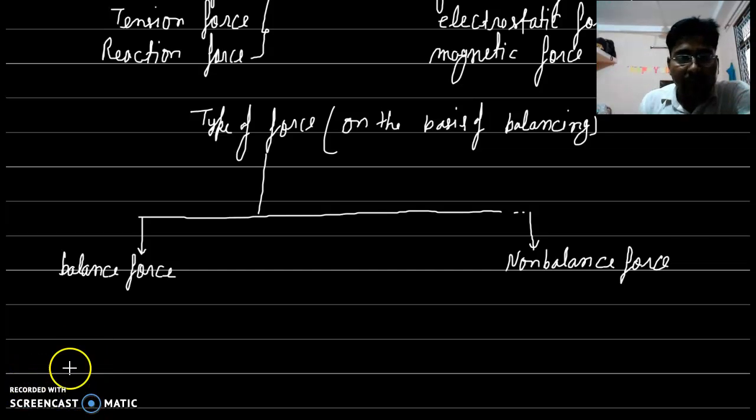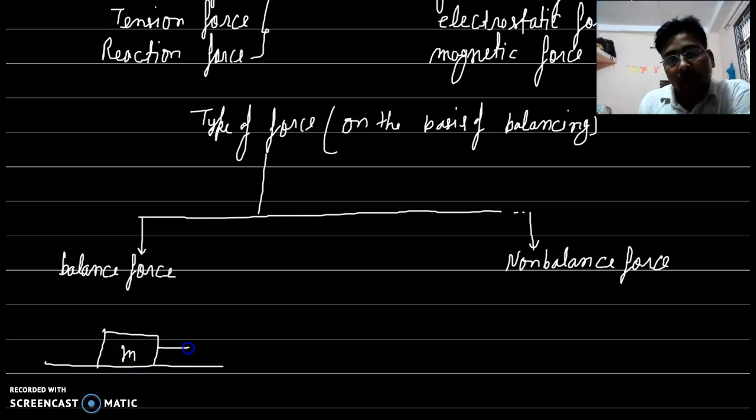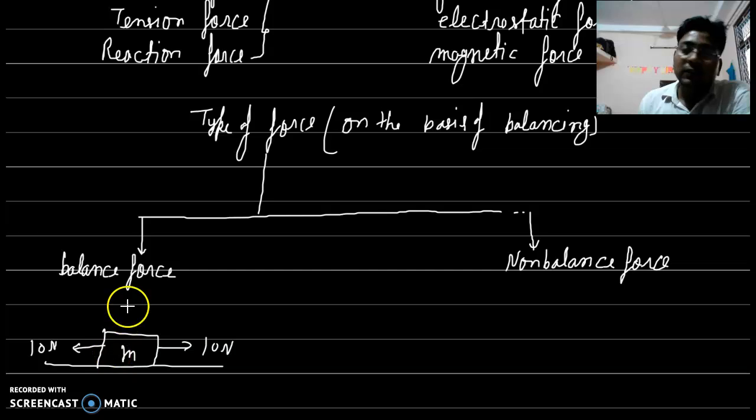Let us consider a body of mass m is kept on the surface and we apply a force of 10 Newton in the positive x direction and the force of 10 Newton in the negative x direction. So the net force on the body will be equal to vector sum of the force F1 and F2. Let us consider the 10 Newton force applied in the positive x direction is F1 and the 10 Newton force applied in the negative x direction is F2.